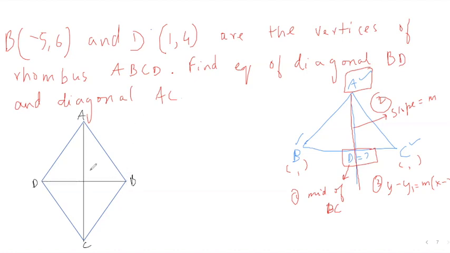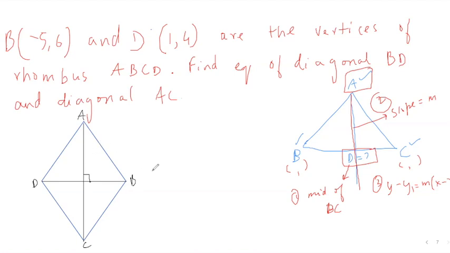You know that the diagonals of a rhombus intersect at 90 degrees. All rhombuses, their diagonals will intersect at 90 degrees. That's a feature of diagonals. So basically, their diagonals are perpendicular to each other. That's the fact that you need to know.